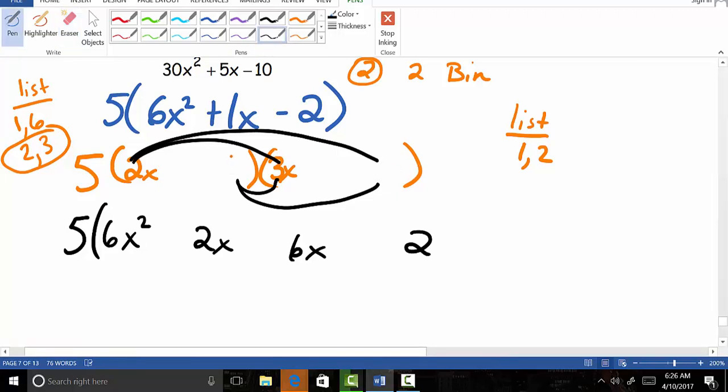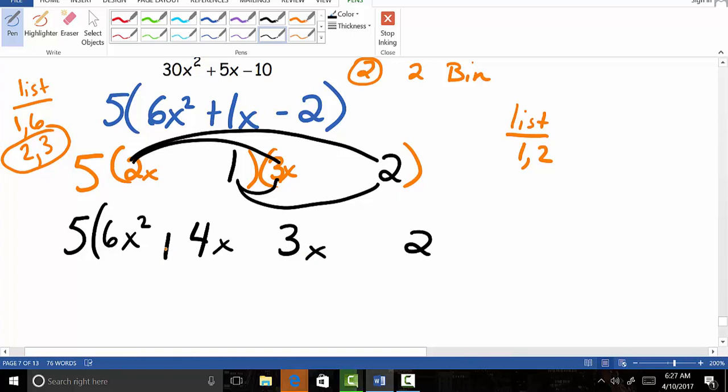Let's have the 1 here and the 2 right there. When we distribute again, the 2x times the regular 2, we get positive 4x. And then the 1 times the 3x, we get 3x. Can we in any way combine the 4x and 3x to get 1x? We totally can.